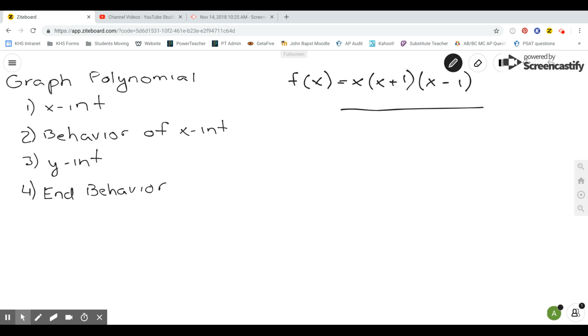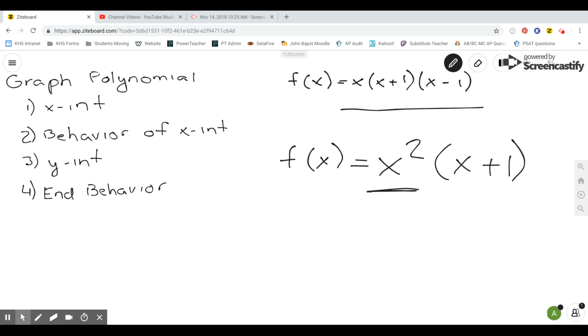So that means when it hits that x-intercept, it's just going to go right through that x-intercept, and it's not going to bounce off of that. And so if it had been f of x equals, let's say, x squared times x plus 1 or something like that, let's just look at x squared. Your 0 is x equals 0.